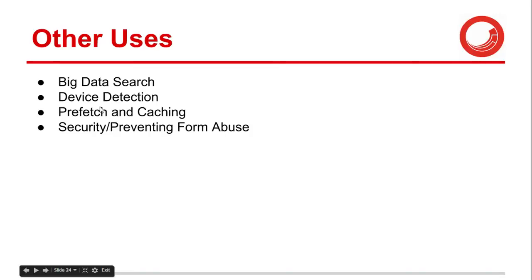So what are the other uses for this algorithm? What can we do with it? I like the idea of personalization, and I thought it would be something everybody could picture and make sense of. But there are a lot of other uses for it. The genetic algorithm is a big data search.